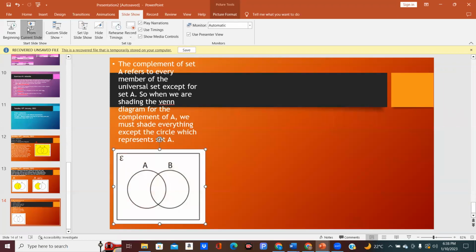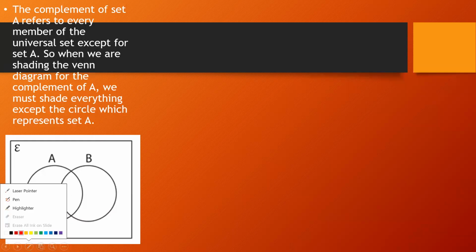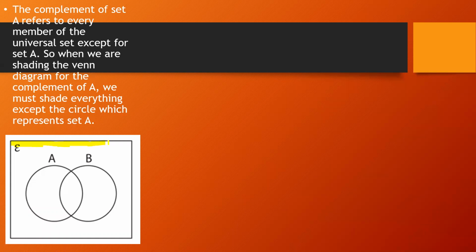This is the complement of A. What that means is that we're going to shade everything except for A. So all of the universal set except for A, everything inside the box except for A. We're not even going to shade the intersection of A and B. So all of this has to be shaded.